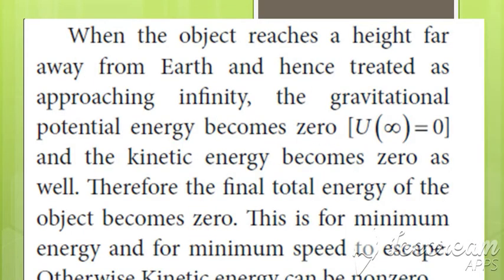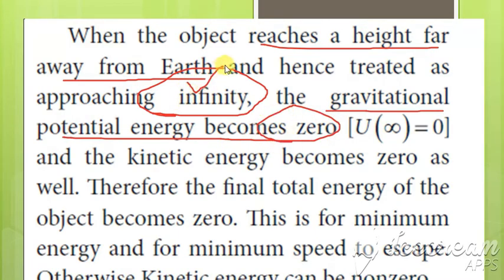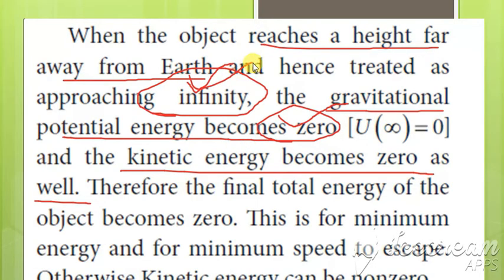Then the condition is, if the object is thrown at a height far away from the earth, it reaches infinity. At that time the potential energy becomes zero. When the height reaches infinity, the potential energy is zero, and the kinetic energy also becomes zero since the height is at infinity.